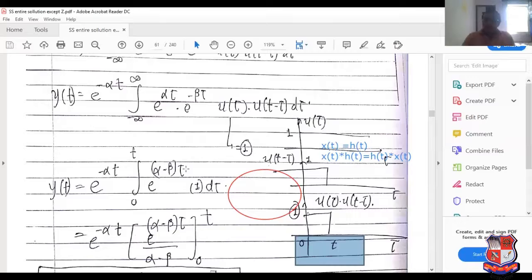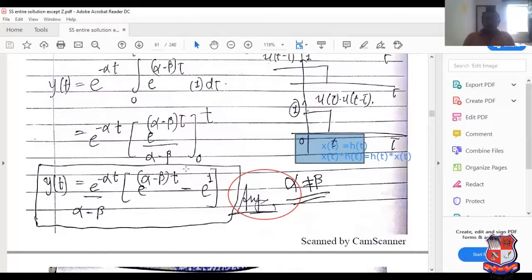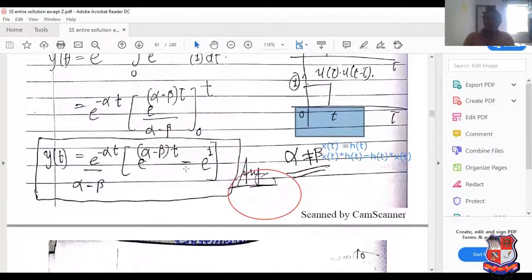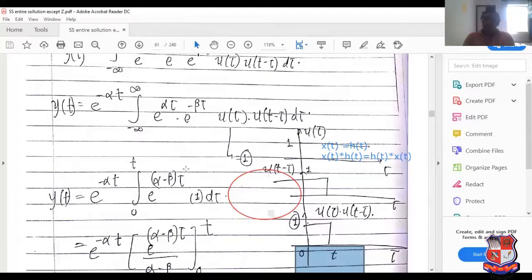So e raised to (alpha minus beta) tau divided by (alpha minus beta), ranging from 0 to t. So here e raised to minus alpha t upon (alpha minus beta), times e raised to (alpha minus beta) t minus e raised to 0, which is 1. It is the final answer for alpha not equal to beta.